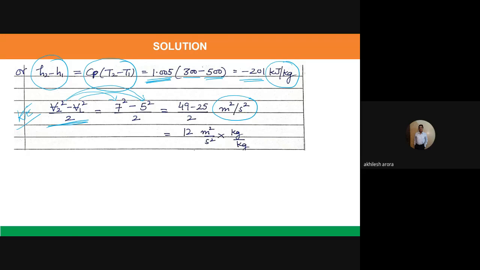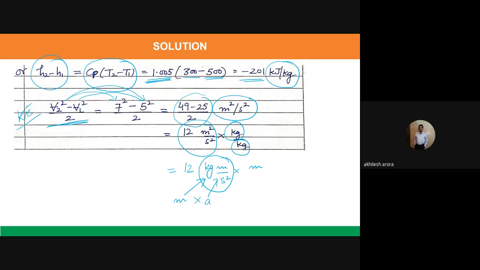So what I have tried to do here is I calculated this value. This comes out to be 12 meter square per second square, multiplied here by kg, divided here by kg, so no change I have done. I can write it as kg meter per second square into meter. This is mass and this is acceleration, and mass into acceleration is force, which is in Newton.